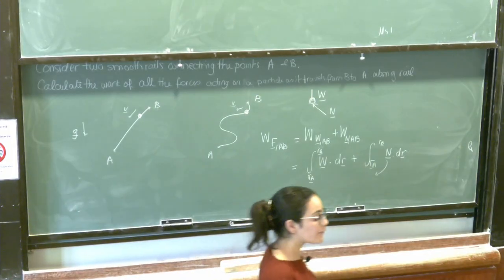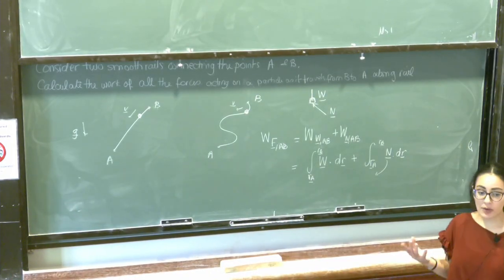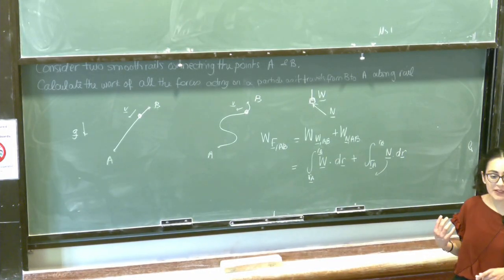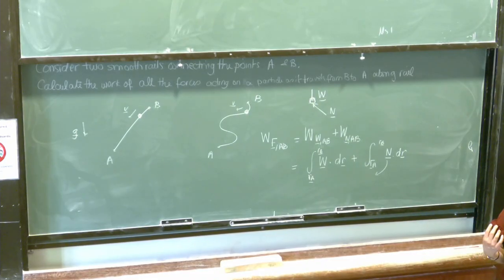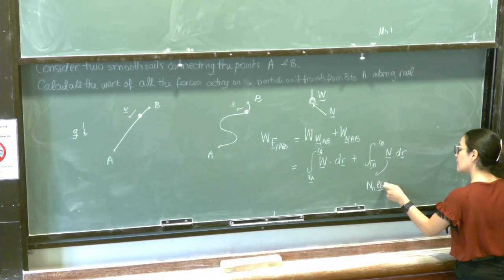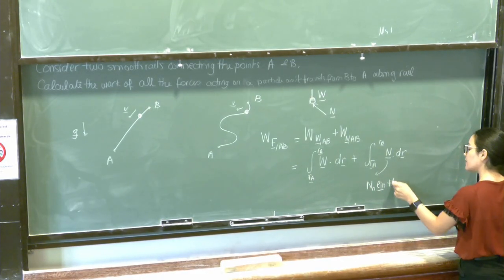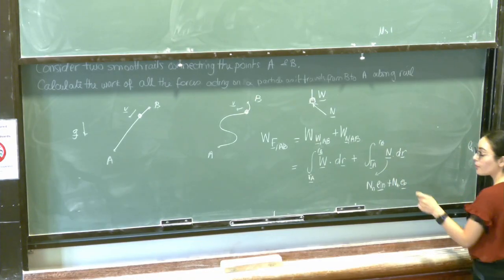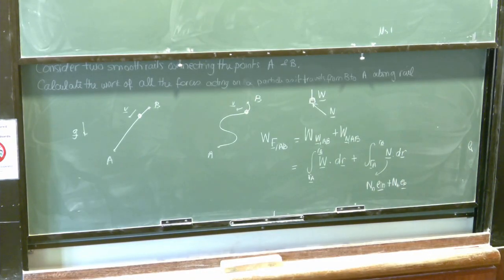Right, perpendicular. If I use the Serret-Frenet basis, what are the components of the normal force going to be? EB and EN, exactly. N_N EN plus N_B EB.